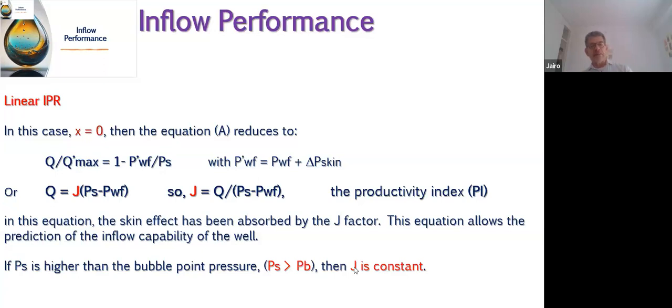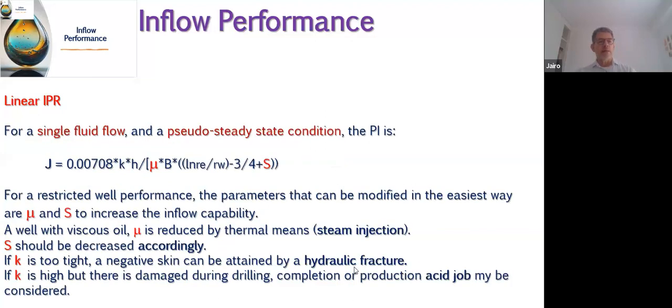If the static pressure is higher than the bubble point pressure, of course, as I mentioned, J is constant, linear, for a single fluid flow and a pseudo steady state condition.